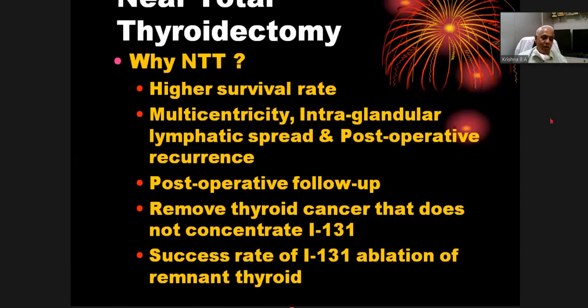This is called competitive inhibition between the thyroid tissue and the metastatic tissue. Hence, the main organ has to be removed for the metastatic cells to pick up. So remove the thyroid tissue that does not concentrate I-131. Success rate of iodine-131 ablation of remnant thyroid increases significantly if you do a near total thyroidectomy.